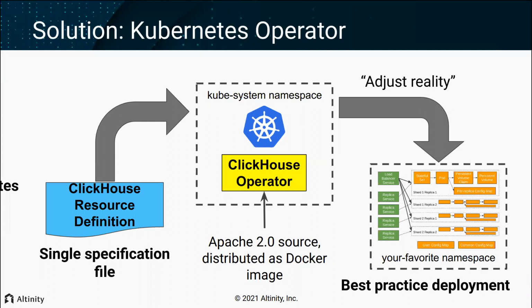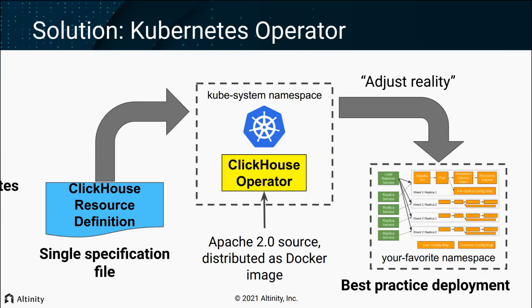When it comes in, Kubernetes will send it to the ClickHouse operator, which will look at it and then go through this process again of adjusting reality, of defining the underlying Kubernetes resources that are necessary to create the cluster. That gets what we call a best practice deployment, where it'll set up ClickHouse.